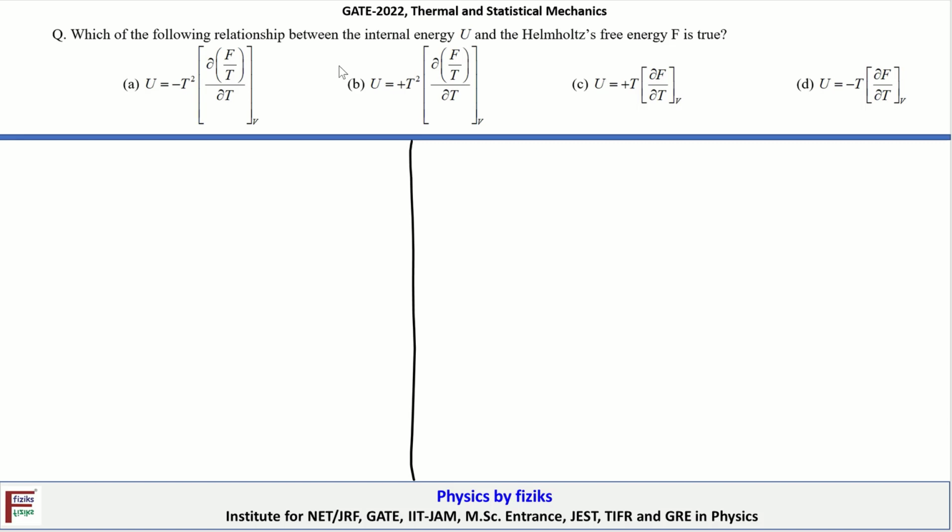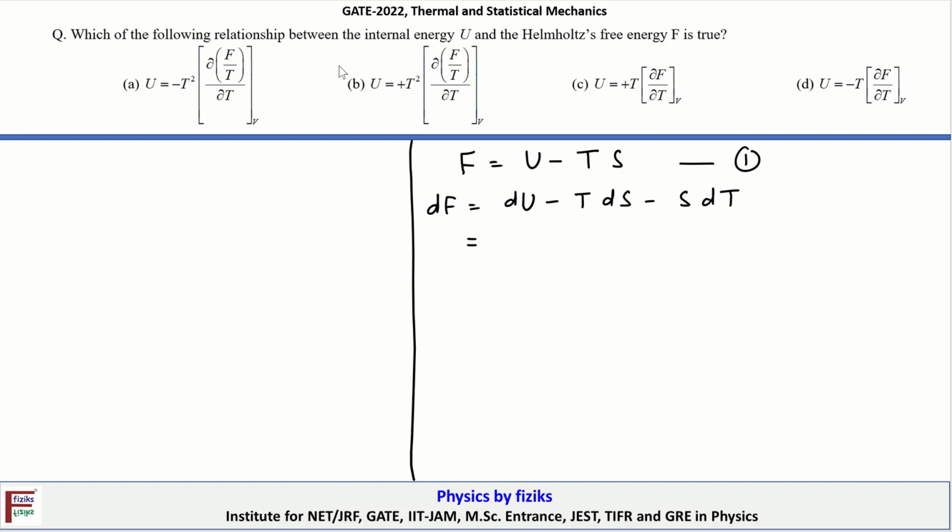The expression for the Helmholtz free energy F is equal to U minus TS. So a small change in the Helmholtz free energy, dF, is equal to dU minus TdS minus S dT.